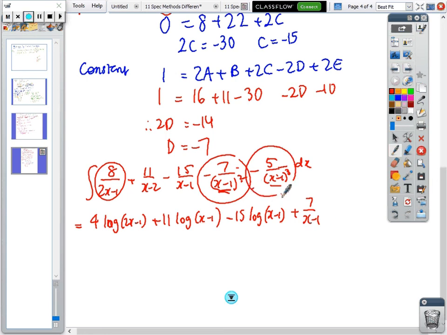And this one here, when you add 1 to the power and divide by the power, you end up with 5 over 2x minus 1 to the power of 2, and then plus c. So you might have to just review how to do normal integration with linear functions. So it's 5x minus 1 to the power of minus 3. Okay, that's the idea. And then you add 1 to the power and then divide by the new power, things like that.